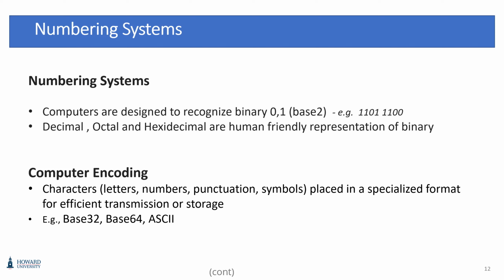So numbering systems and computer encoding is basically putting character data, which started binary, into some other format that is more efficient and user-friendly. This is not encryption. This is not about secrecy. This is about efficiency and compatibility within the system.